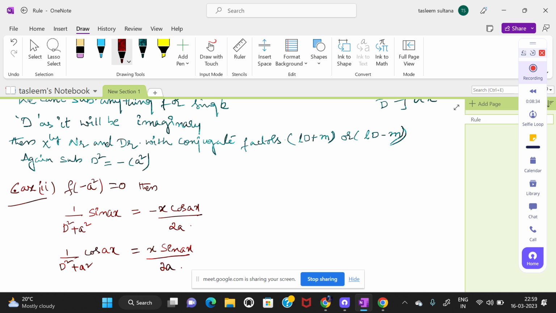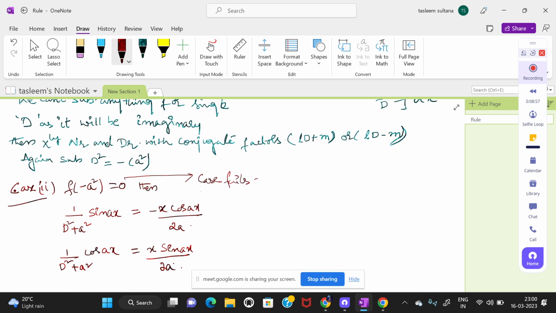Whatever the a value is, replace that a value over here. And 1 by D square plus a square into cos ax, your PI is x sin ax divided by 2a. This is the condition for case fails.